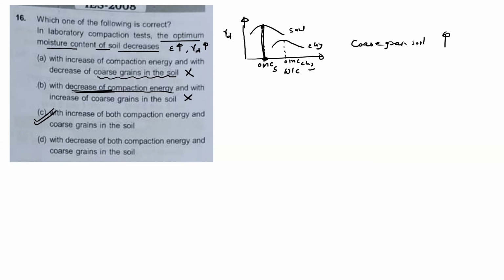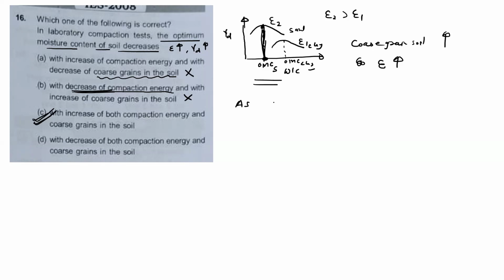And if compaction effort, that is E, increases, suppose this is E1, this is E2, so E2 is greater than E1. So if compaction energy increases, the OMC will decrease. Okay, so option C will be correct.